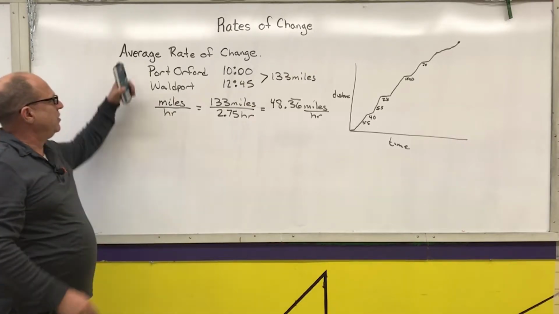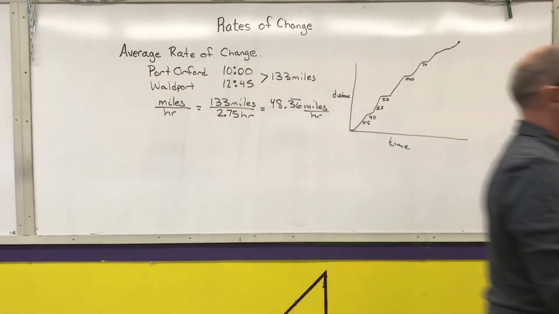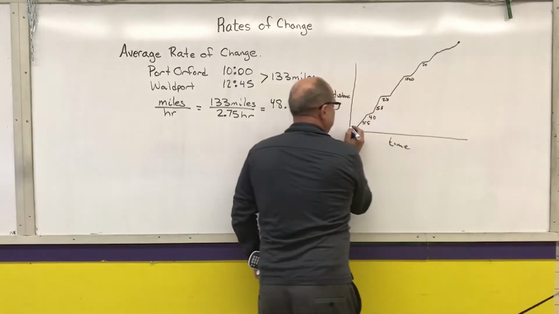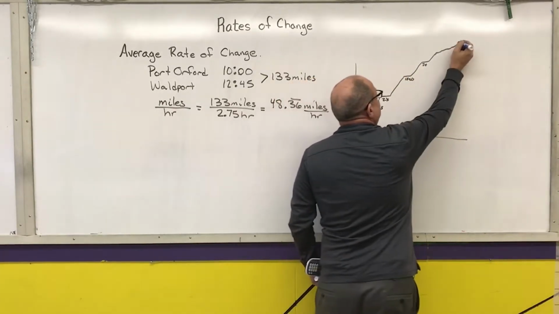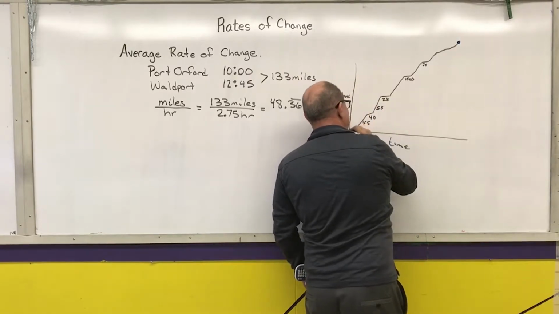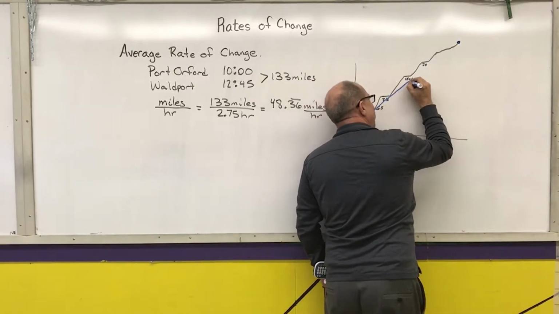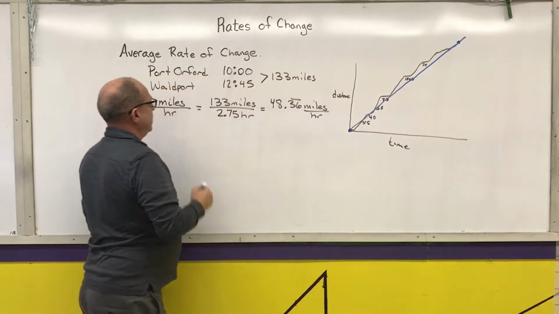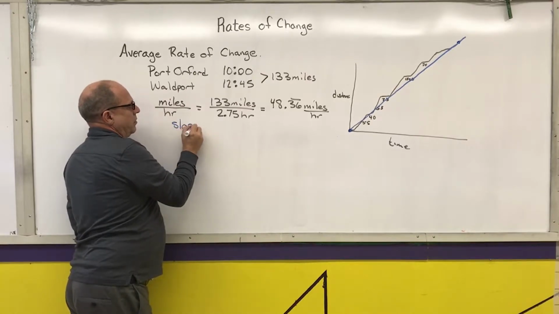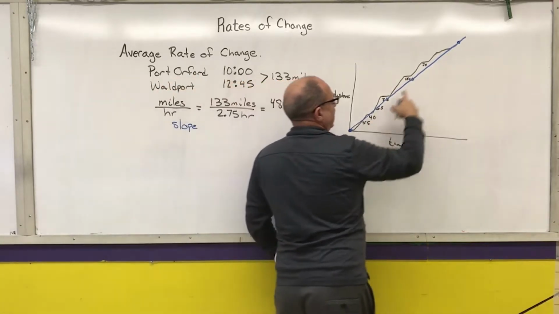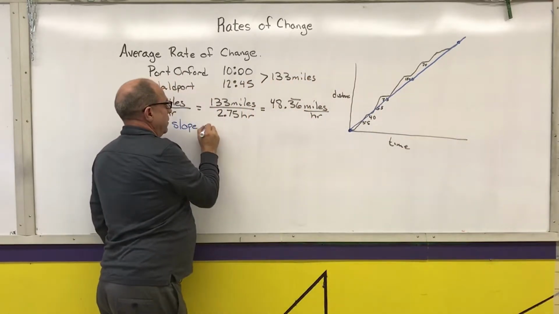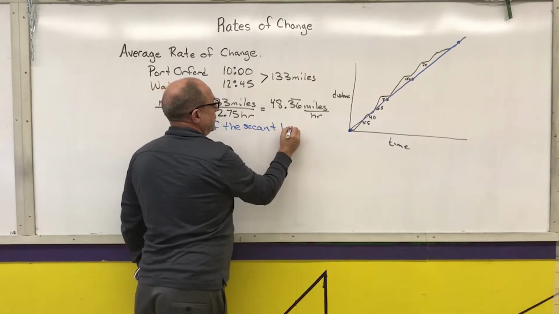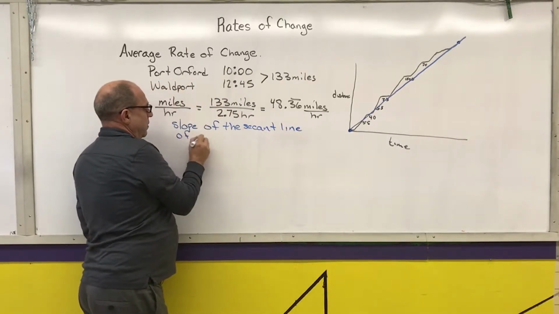Another interpretation of what this average rate of change is: if I were to draw the line that starts where I started, ends where I end, and draw a straight line through that, the average rate of change is going to be the slope of what we're going to call a secant line of a function.